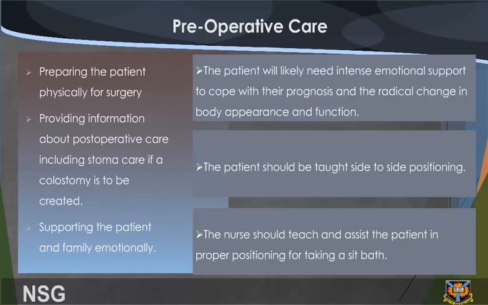The patient will likely need intense emotional support to cope with their prognosis and the radical change in body appearance and function. The patient should be taught side-to-side positioning. The nurse should teach and assist the patient in proper positioning for splinting with a pillow.